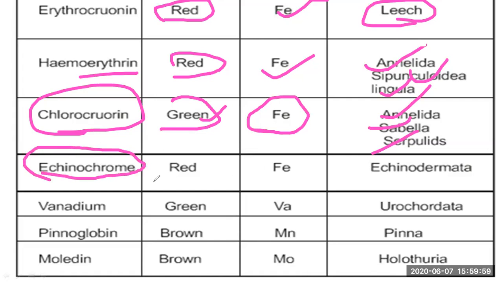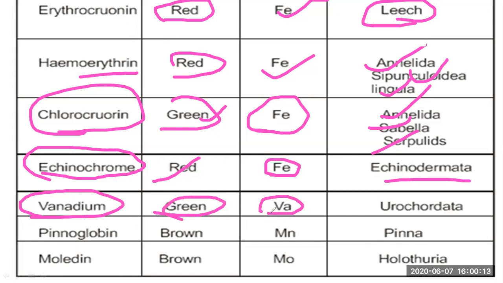Next is Echinodermata. These have the red color with iron present, and it is found in Echinodermata. Vanadium is the pigment which is green in color, and the metal is vanadium.